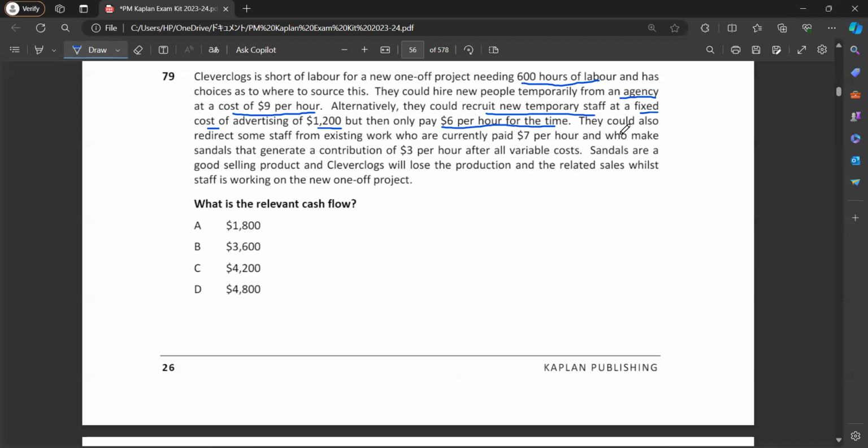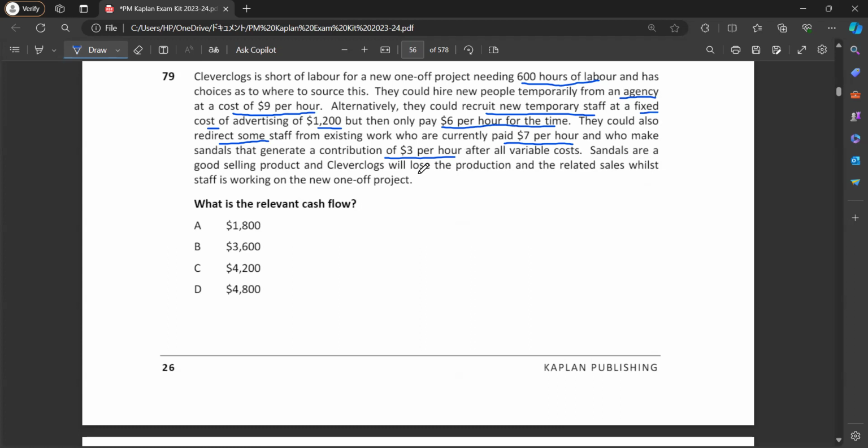The third alternative, they could also redirect some staff from existing work who are currently paid $7 per hour and who make sandals that generate a contribution of $3 per hour after all variable costs. Sandals are a good selling product and Clever Clock will lose the production and the related sales.